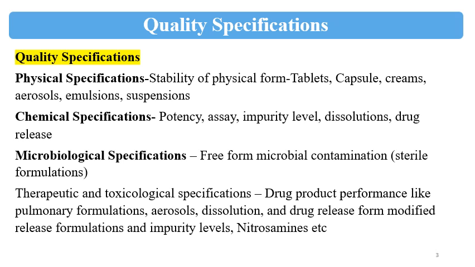Chemical specification means assay, impurity level, potency, dissolution requirements, and drug release requirements. Also, you can consider the water content or LOD and content uniformity. These quality specifications come into the category of chemical specifications.